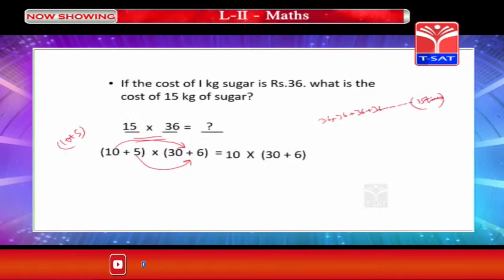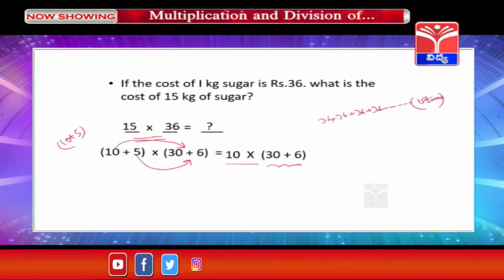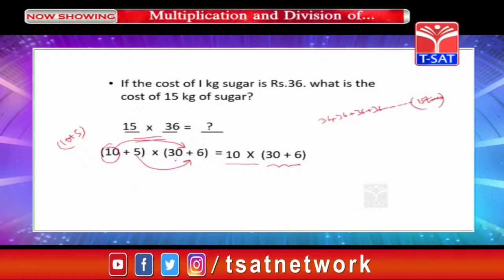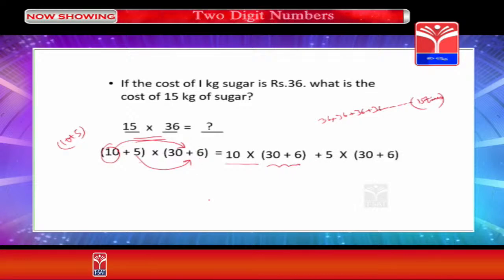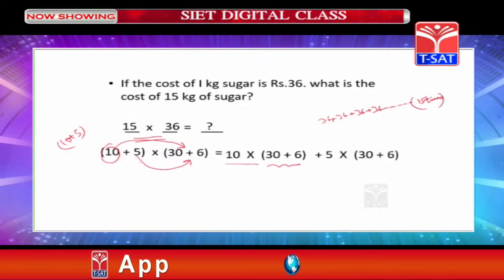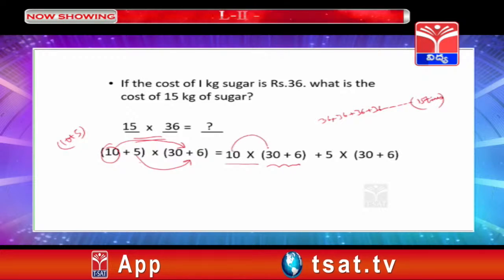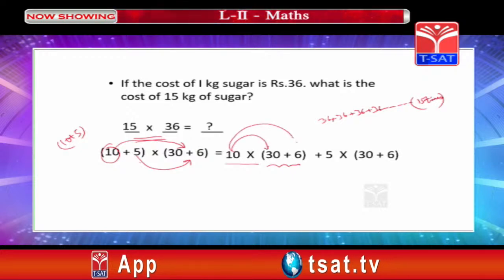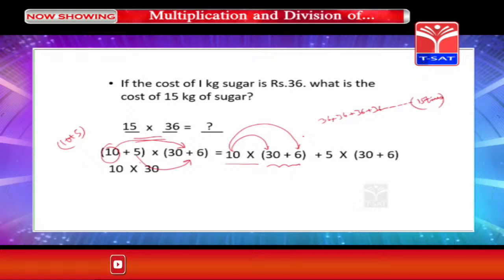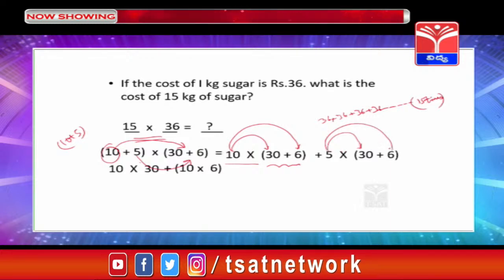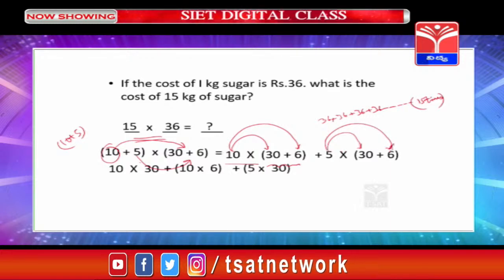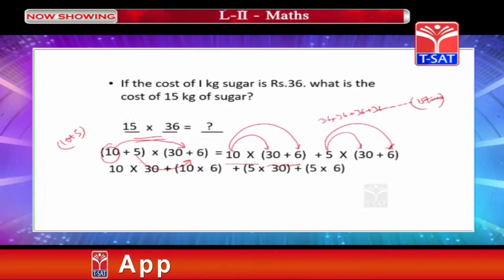See, first 10 into 30 plus 6, then plus 5 into 30 plus 6. So we will multiply 10 into 30 and 10 into 6, and 5 into 30 and 5 into 6.